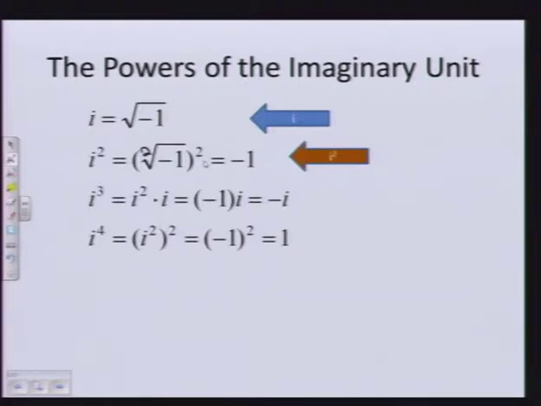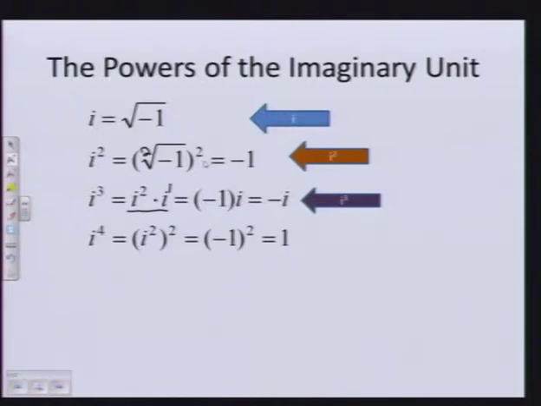Okay, moving along, we see that i cubed is going to come out to be equal to -i. Well, we take a look at the intermediate steps here, and we see that we can write i cubed as i squared times i. Remember, the sum of the exponents idea is used here. So 2 plus 1 gives us 3, because on the i there's an exponent of 1.